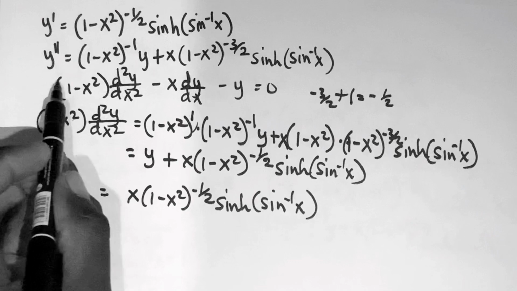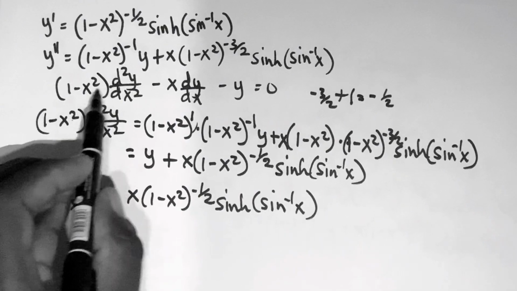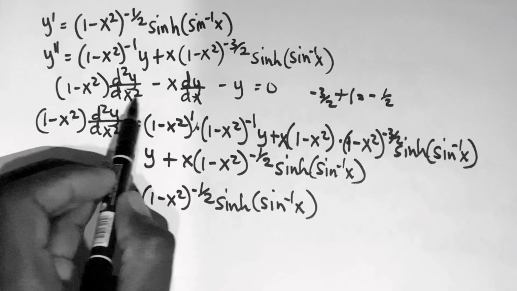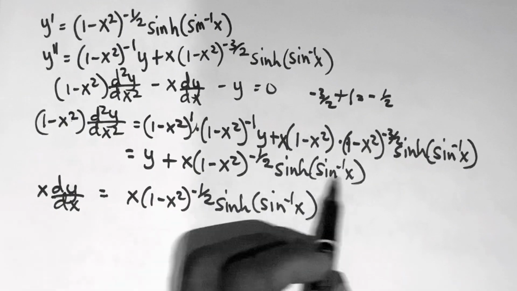So it is this one, (1 minus x squared) d squared y/dx squared, which is all of this term.